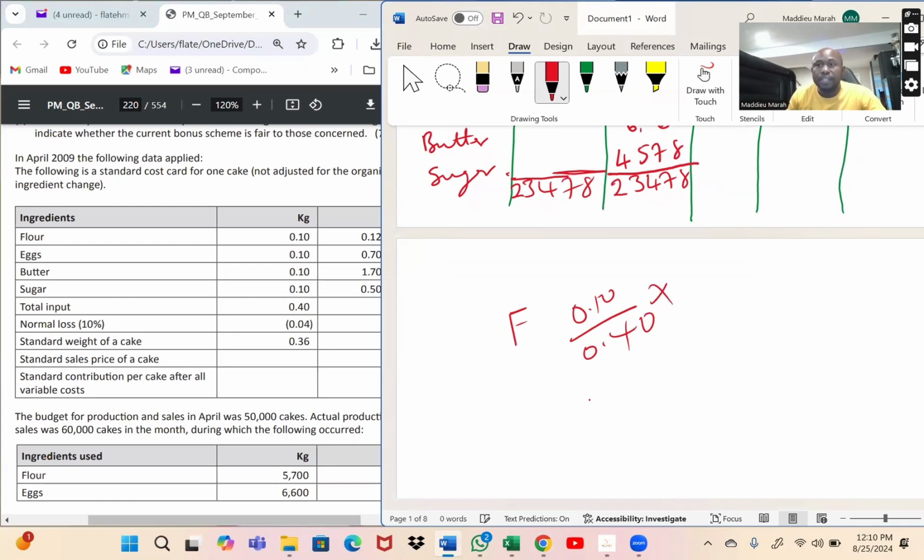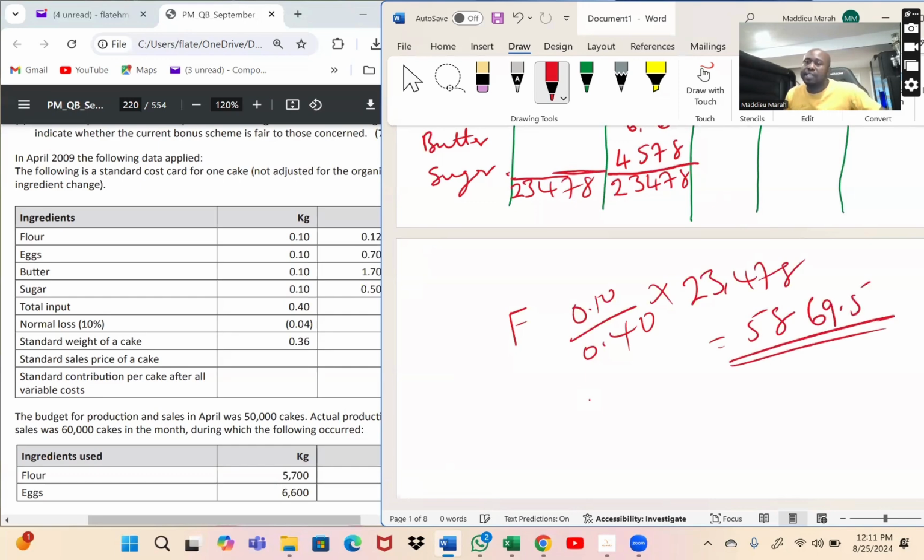Multiply by the actual result, which is the total, 23,478. This will give me 0.10 divided by 0.4 multiplied by 23,478. This will give me 5,869.5. So this is my standard kg for flour.